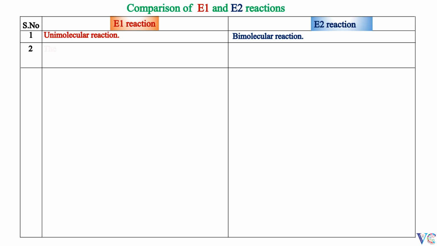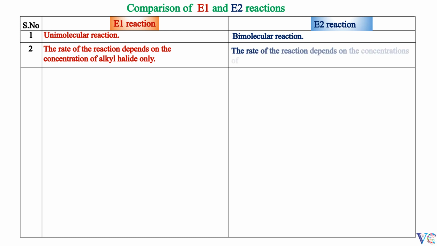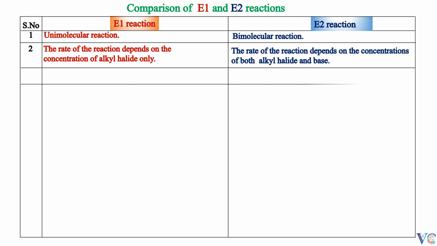In E1 reaction, the rate of the reaction depends on the concentration of alkyl halide only. But, in E2 reaction, the rate of the reaction depends on the concentrations of both alkyl halide and base. E1 reaction takes place in 2 steps. But E2 reaction takes place in 1 step only.